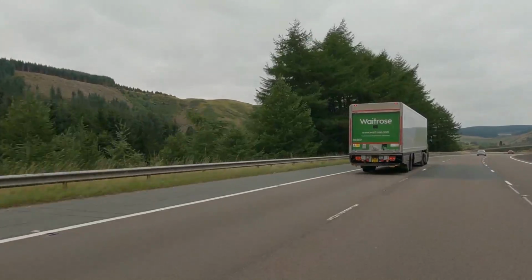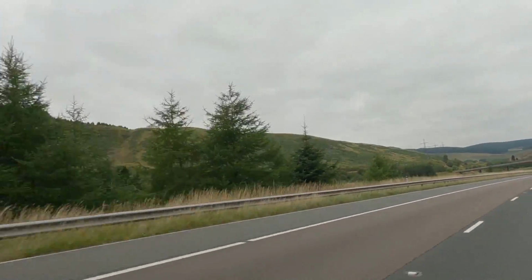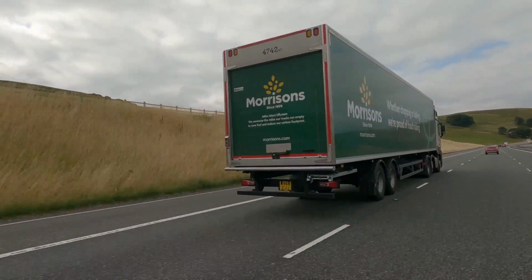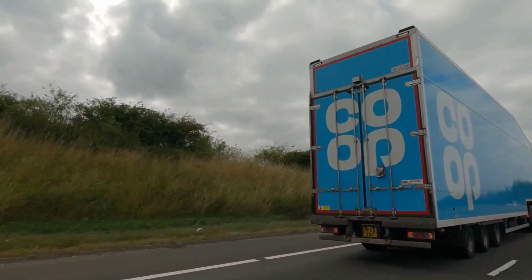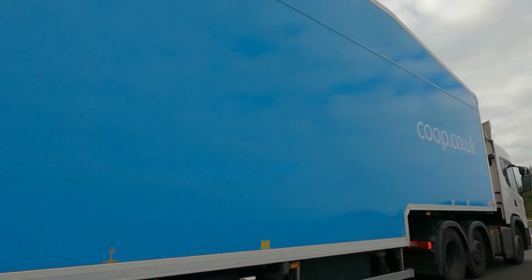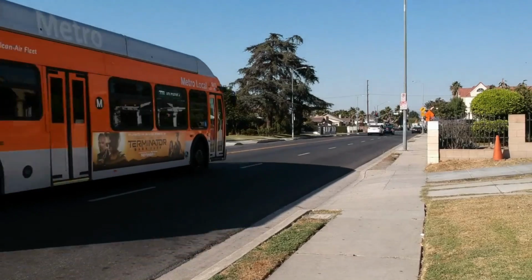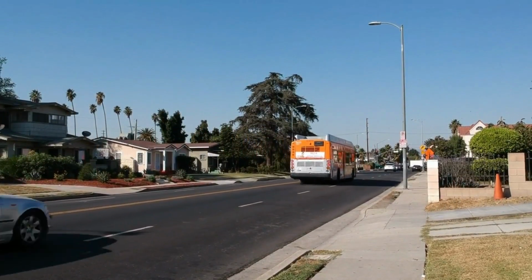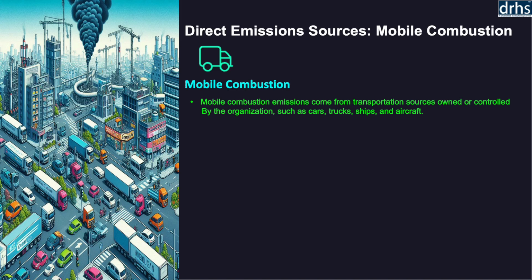Similar to stationary combustion, the primary greenhouse gases released are CO2, CH4 and N2O, with the amount varying based on the fuel type and vehicle efficiency. Reducing mobile combustion emission can involve transitioning to electric vehicles or improving fuel efficiency.